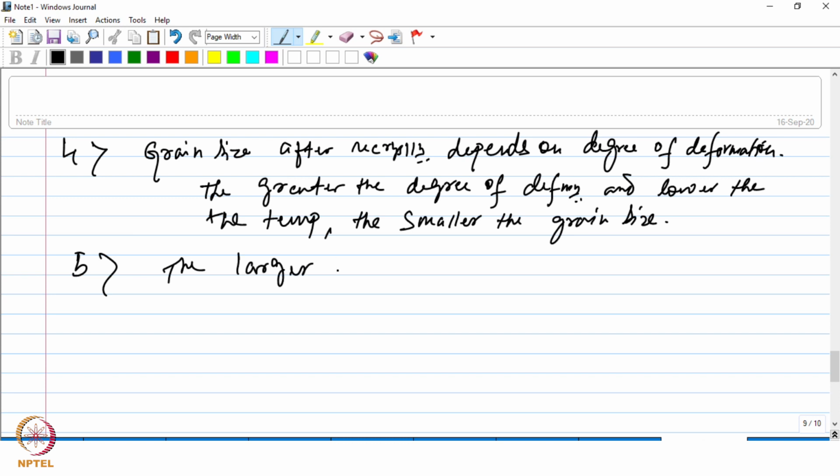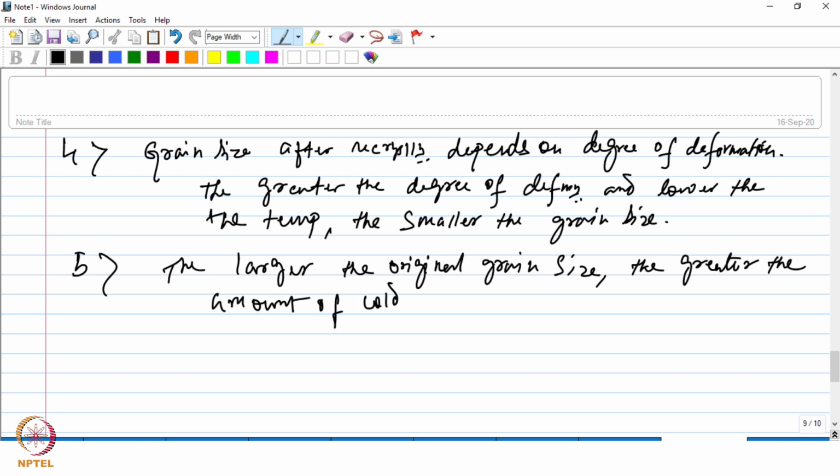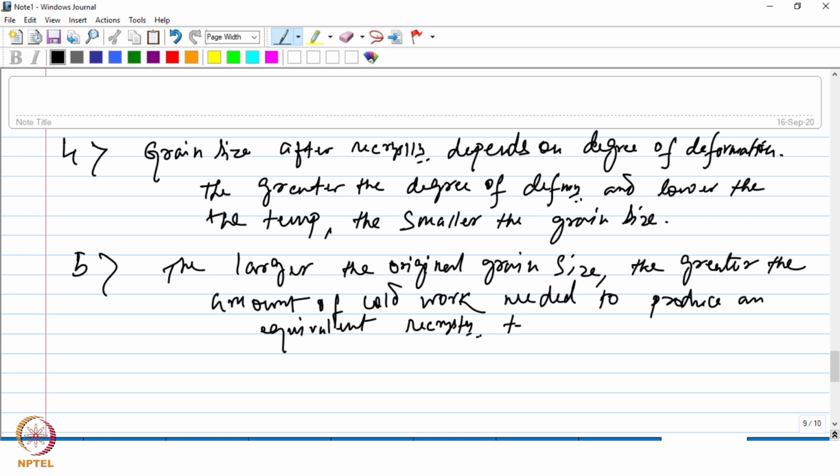So it also depends on the initial grain size. Right?